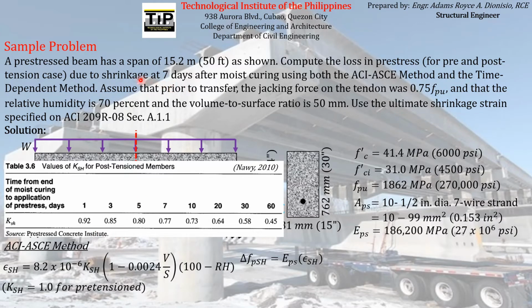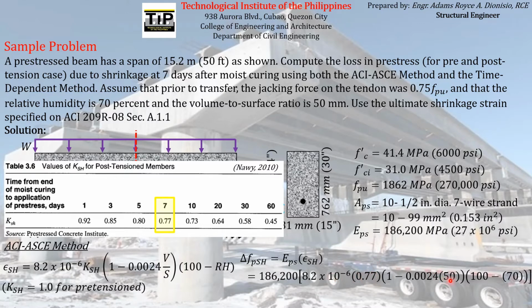Since it was mentioned here that the loss in pre-stress due to shrinkage must be computed at 7 days after moist curing, we have to use the corresponding KSH 7 days after moist curing, which is equal to 0.77. And then we just have to substitute that again in this equation in order to find the pre-stress loss due to shrinkage for post-tension members.